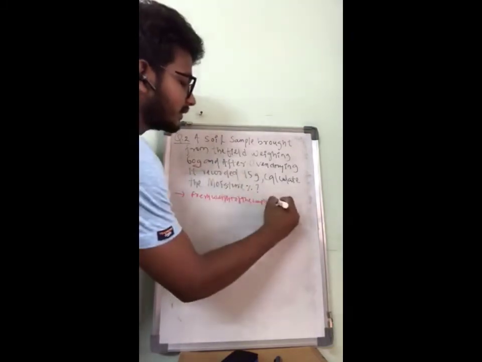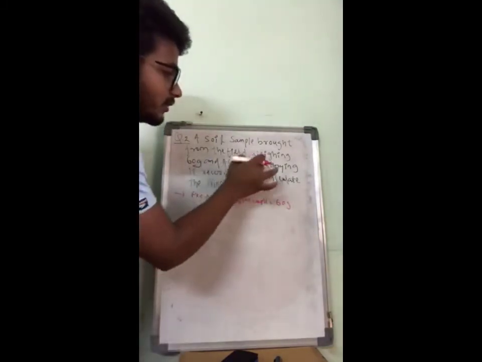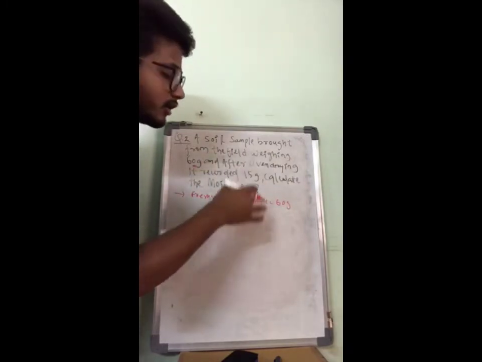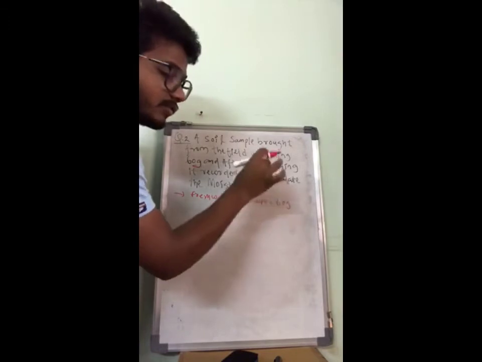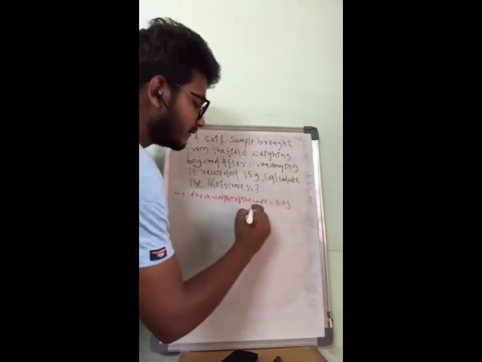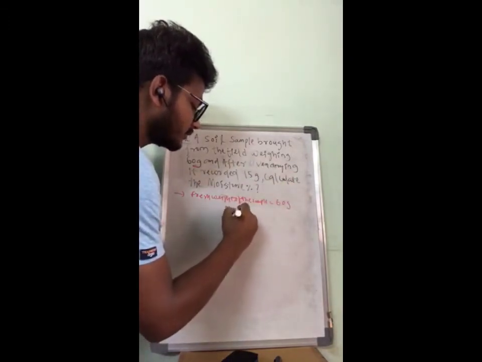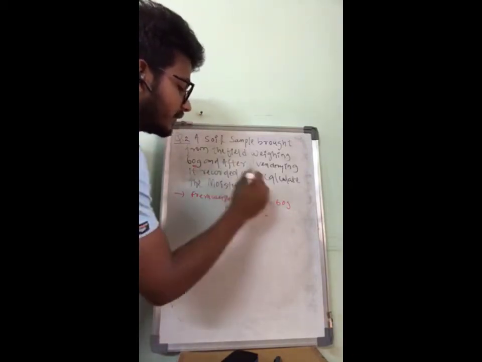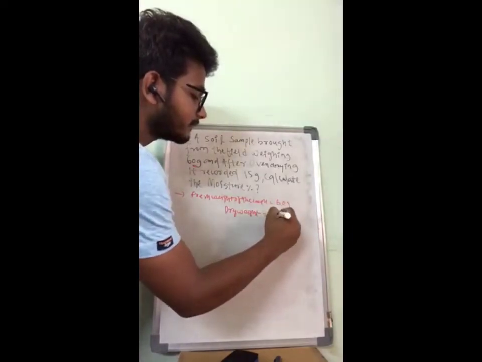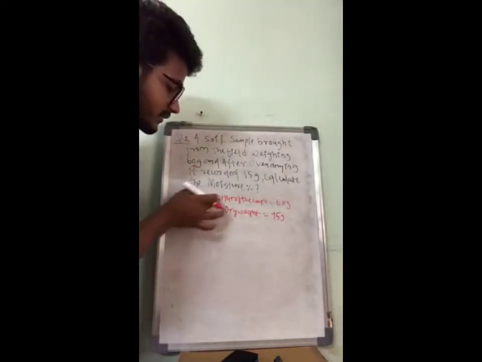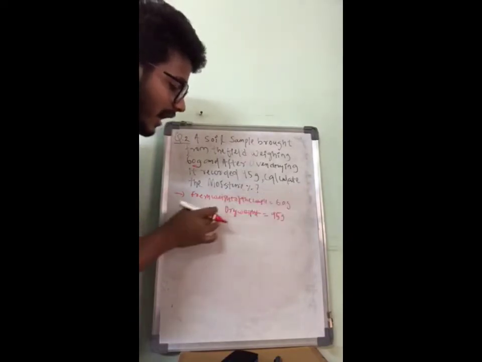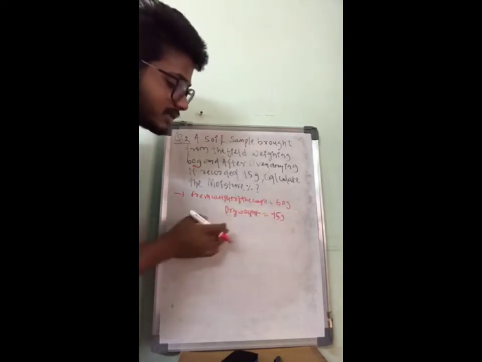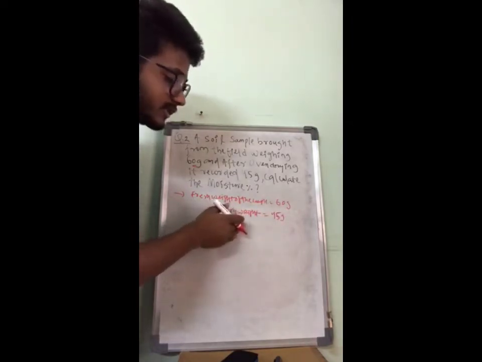After oven drying for 24 hours at a temperature of 108 degrees centigrade, it gave the dry weight of 45 gram. So the fresh weight is 60 gram and the dry weight is 45 gram. Let's calculate the moisture percentage of the soil.